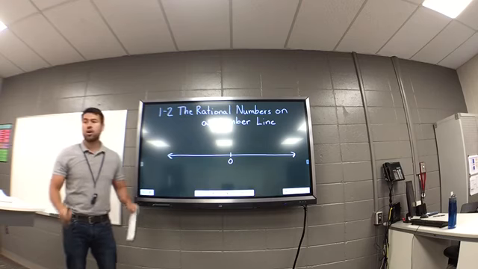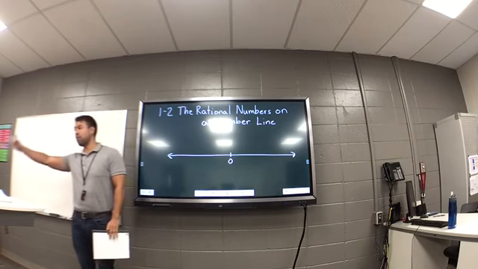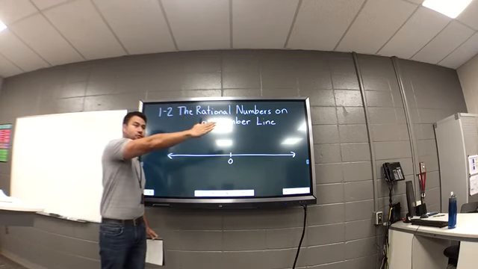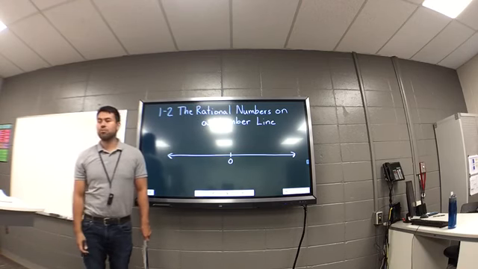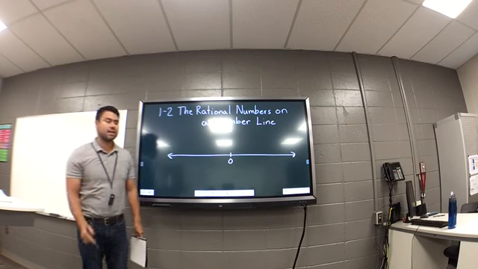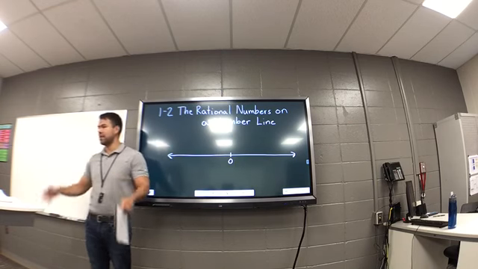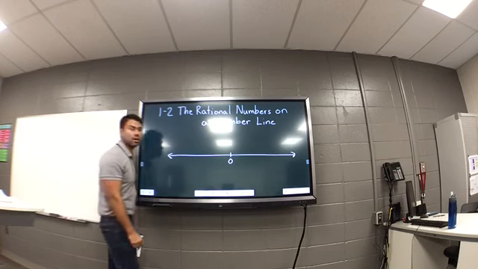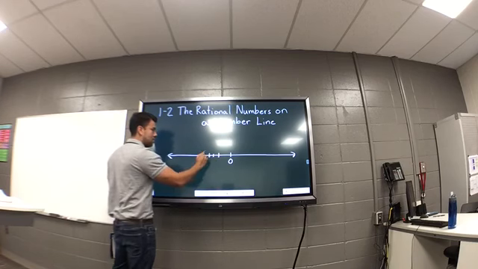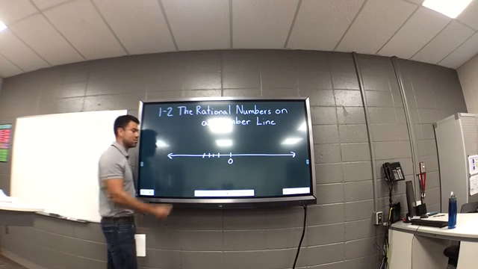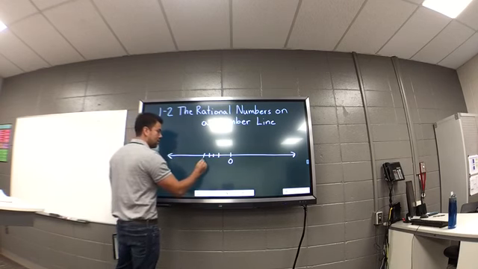And then you're going to go all the way to -4 and +4. But you're going to leave room in between, leave a good space, and try to even it out as best you can. So this is what I don't want to see on your number line. That's not good management of your space. You need to spread those out.